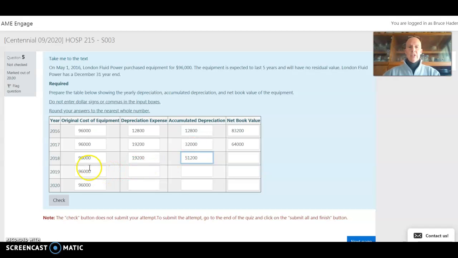Again, I find it easier just to go back to our original cost of the equipment, $96,000, and subtract our new accumulated depreciation, $51,200. So at the end of 2018, December 31st, 2018, our equipment will be worth $44,800.